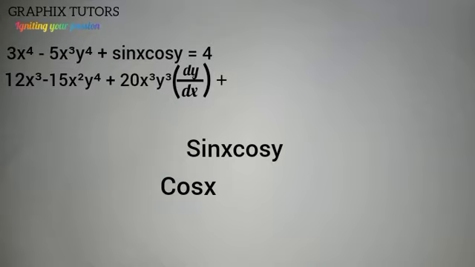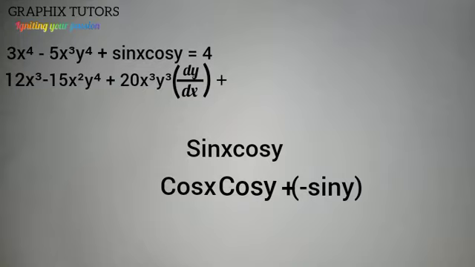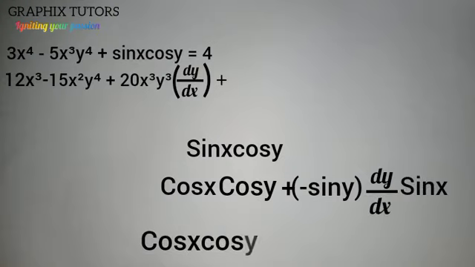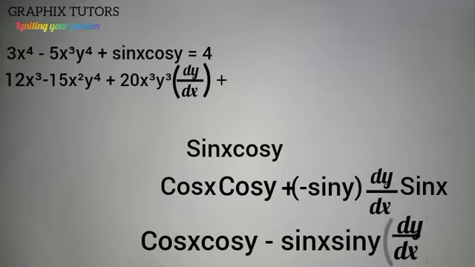So we have cos x cos y plus, now after differentiating the first one, I differentiate the cos y. If I differentiate cos y, I'm going to have minus sin y. Anytime you are differentiating anything that has y, you must put dy over dx. So we have minus sin y times sin x, which gives minus sin x sin y dy over dx.